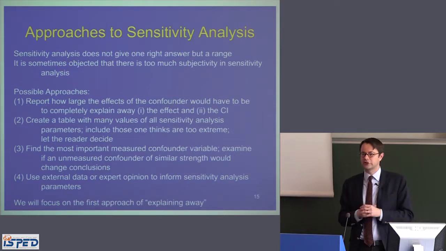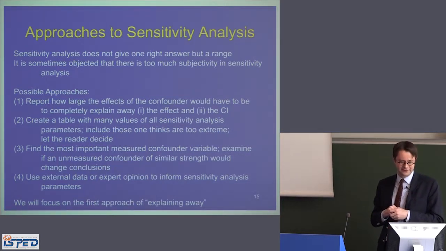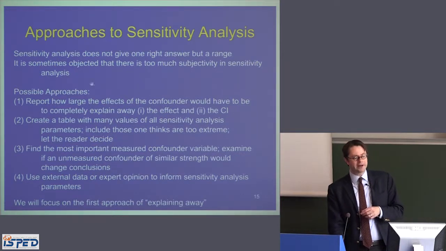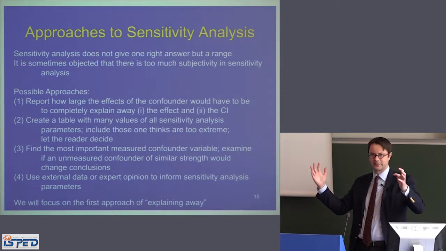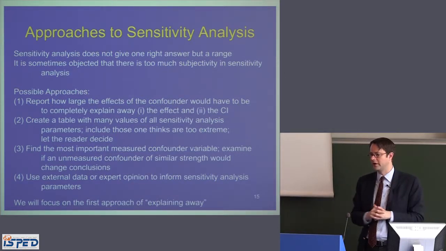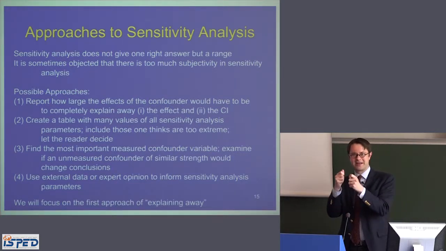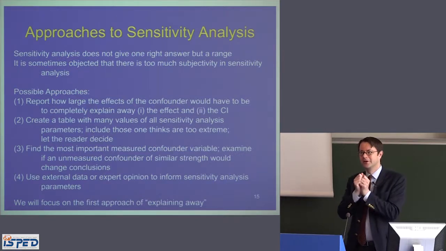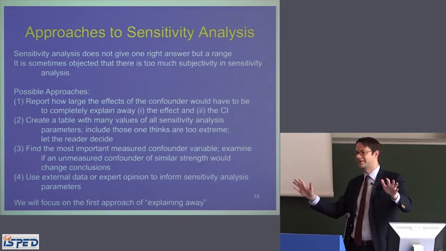But there are different ways to try to address this, to more objectively ground a sensitivity analysis. One is to report how large they would have to be to completely explain away the estimate, or to shift the confidence interval to include the null. So then the game changes. We're not trying to play with the parameters to make our effect estimate look good. We're trying to get them sufficiently large so the effect goes away entirely.